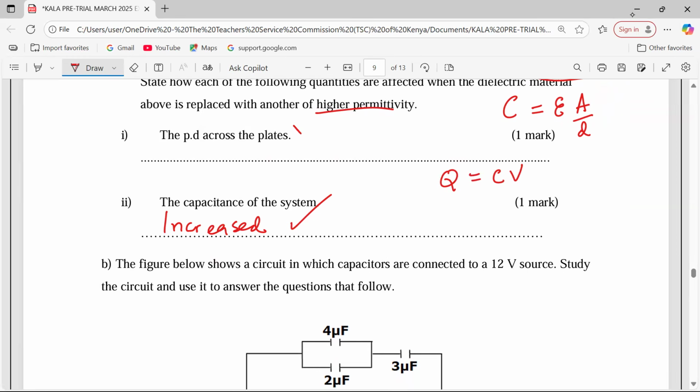We need voltage. Voltage V equals Q over C, meaning that voltage is inversely proportional to capacitance. Because capacitance increased, voltage decreases.